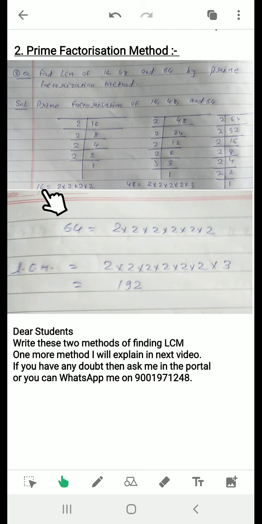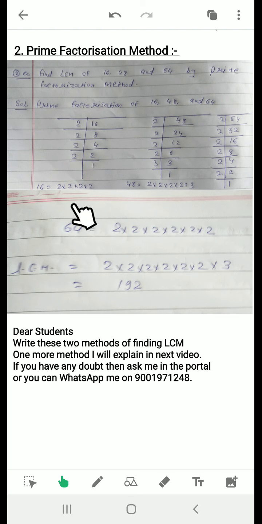In the prime factor of 16, 2 is coming for 4 times. In the prime factor of 48, 2 is coming for 4 times. And in the prime factor of 64, 2 is coming for 6 times. So we will write 2 for 6 times, for the maximum number of times.